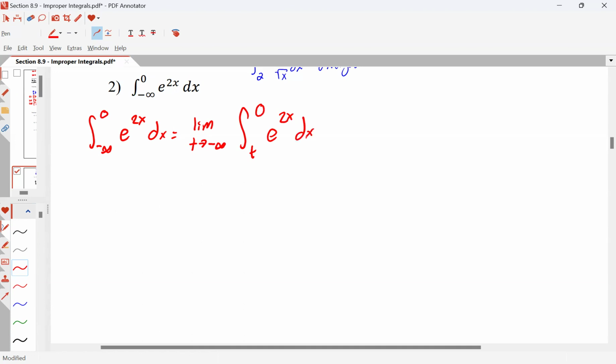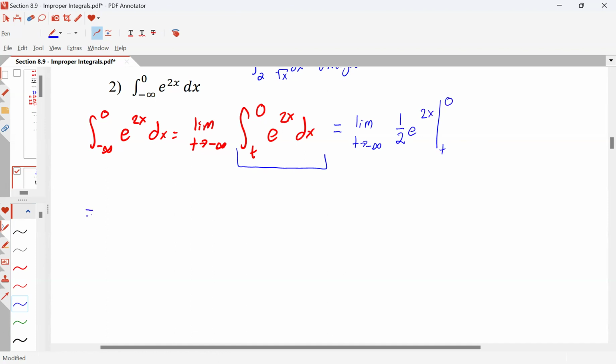Now I can evaluate this integral just fine. We know that this integral will work out to be, with a very basic u sub, keeping our limit, 1/2 e to the 2x, evaluated from t to 0.